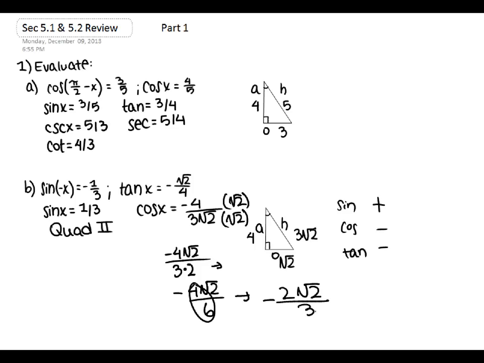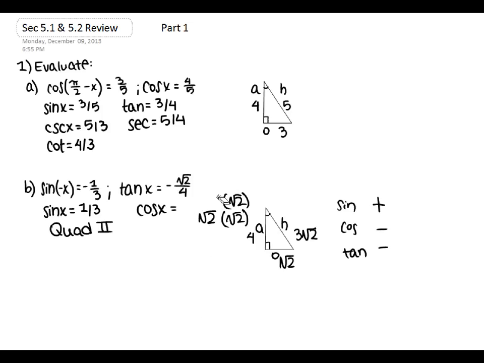So I'm just gonna get rid of all this and neatly write it in its spot. Where is it? Negative 2 root 2 over 3. Okay, and now we're going to do the other 3. So, same concept, cosecant, secant, cotangent.